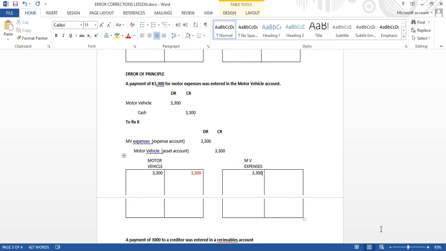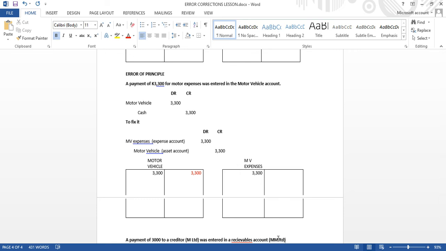Now here there's a payment to a creditor, but it's been entered in a receivables account. Let's add some names. Let's say M Limited, and to make this error look true, the receivable is also, let's say, MM Limited. So the bookkeeper got confused.